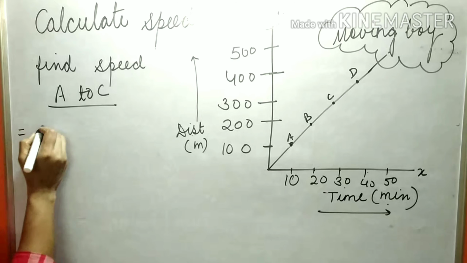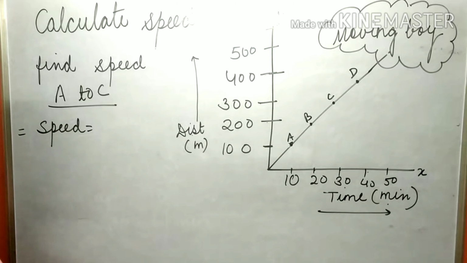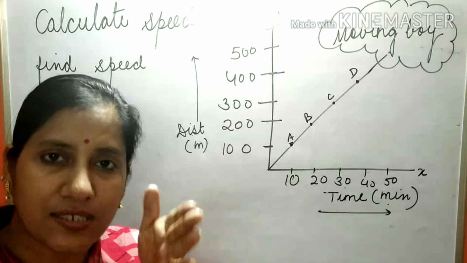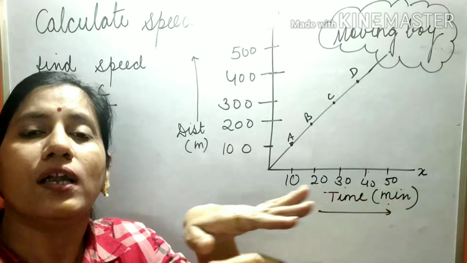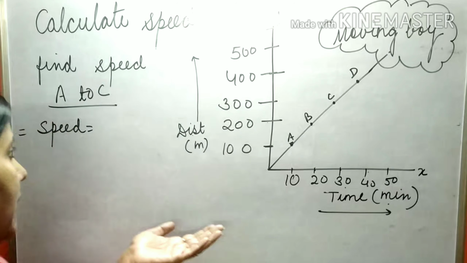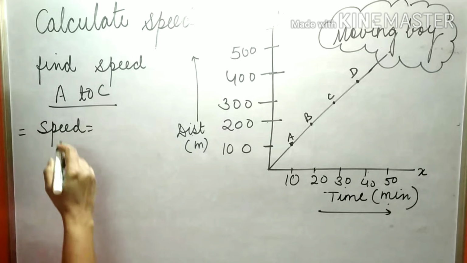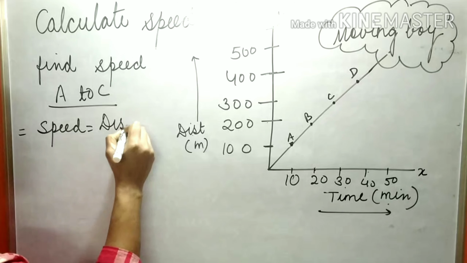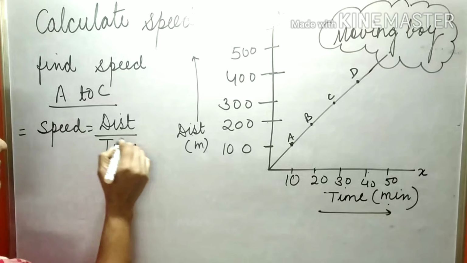So let's see, the formula of speed is, what is speed? Speed is the distance covered by an object at a particular time. Or speed is equal to distance per unit time. So speed is equal to total distance covered upon total time taken.